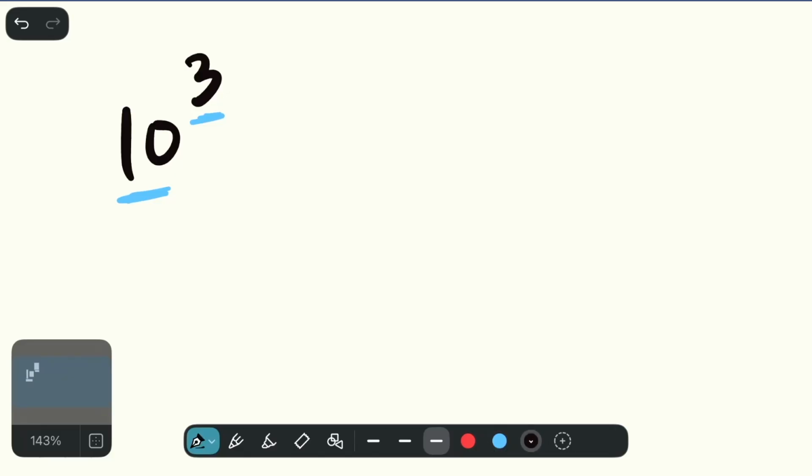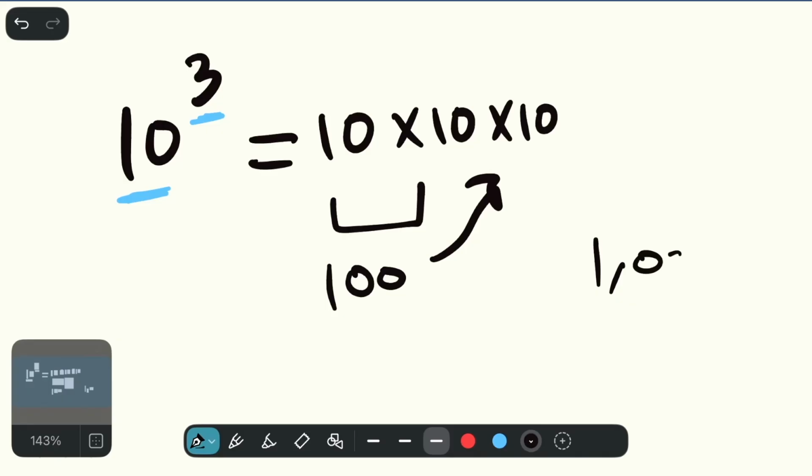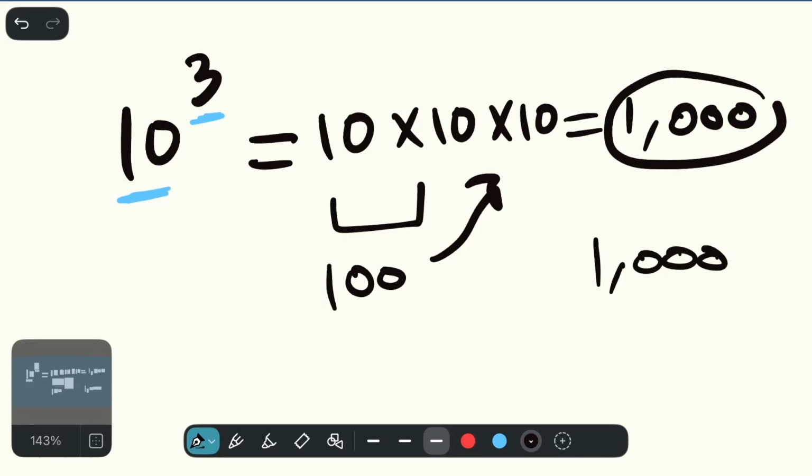And so what would that look like? Well, that would mean we have 10 times 10 times 10. I know that 10 times 10 equals 100, and if I multiply 100 times 10, that means I have 1,000, and so our final answer should be 1,000.